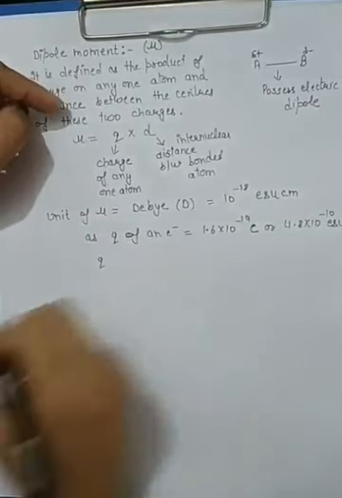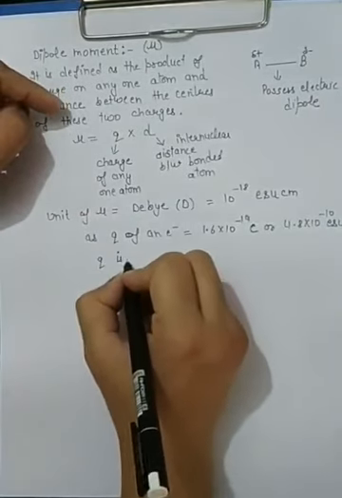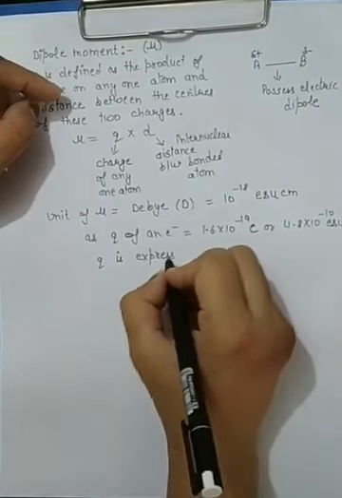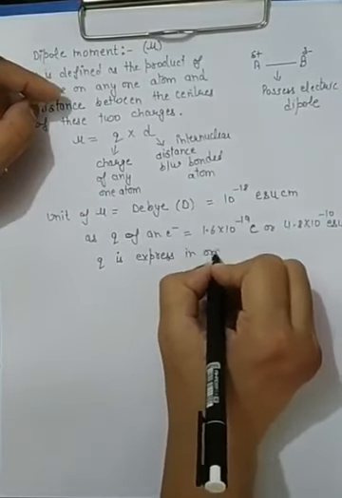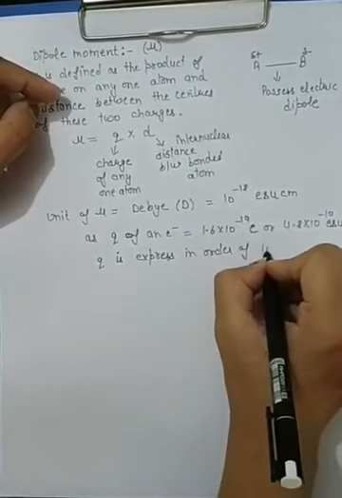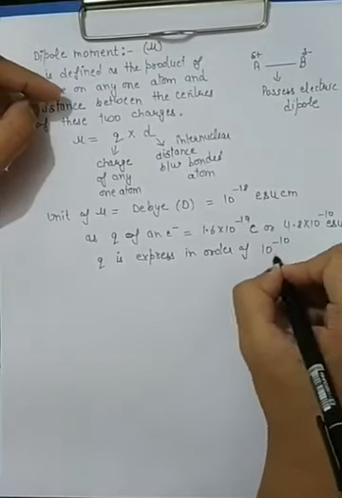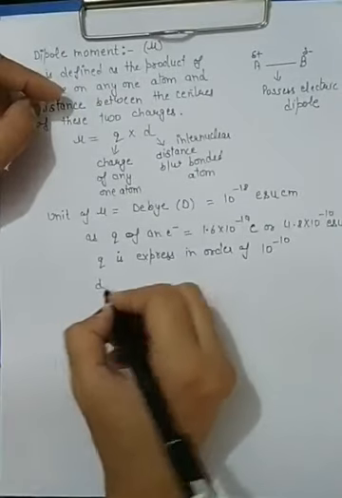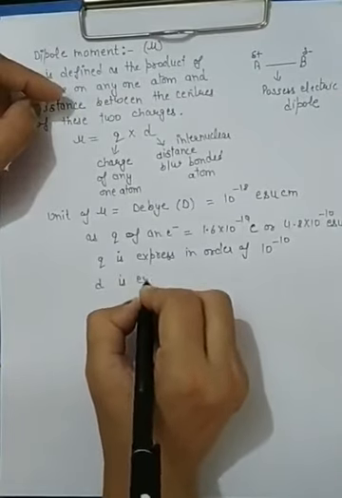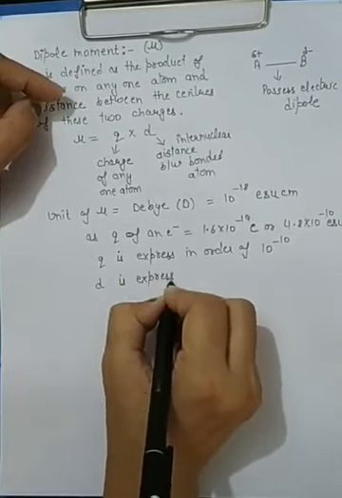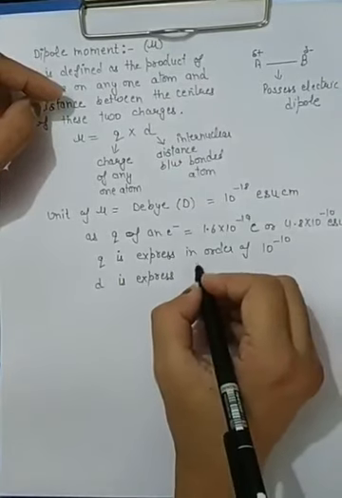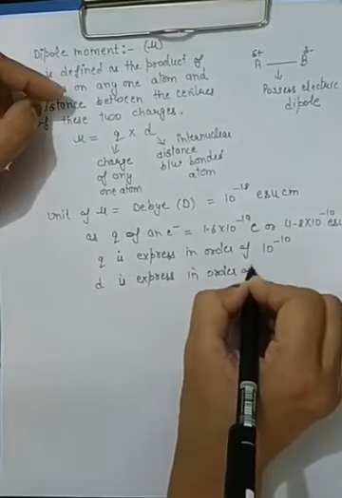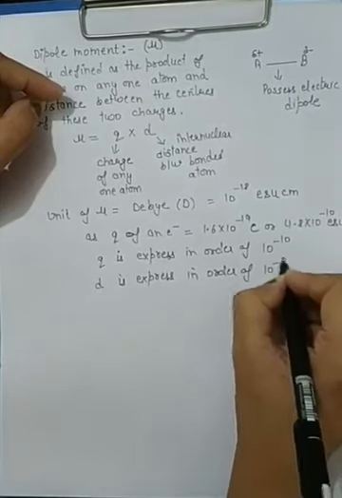So Q is expressed in the order of 10 raised to power minus 10. And D, that is the distance, which is given in the question or numerical, is expressed in the order of 10 raised to power minus 8.